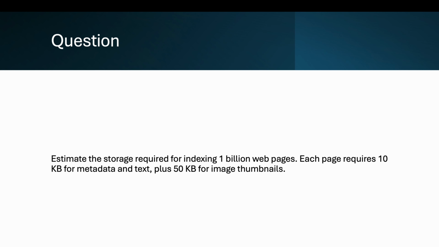I think the question is pretty straightforward. We need to find the storage estimate for 1 billion web pages. It's a huge number. And for every single page, it requires 10 kilobytes for metadata and text, plus 50 kilobytes for image thumbnails.